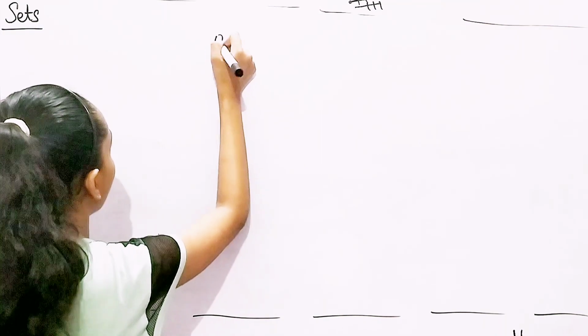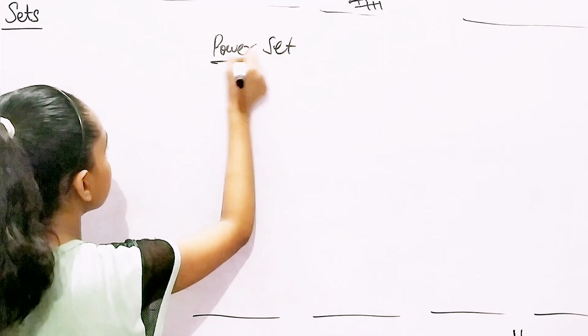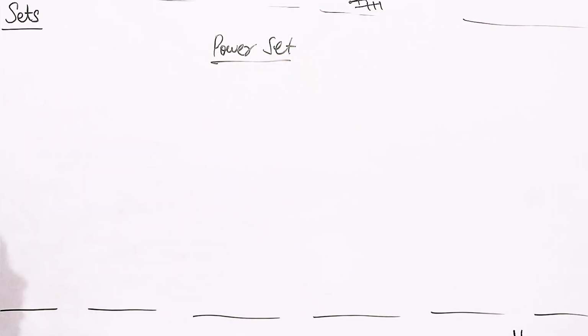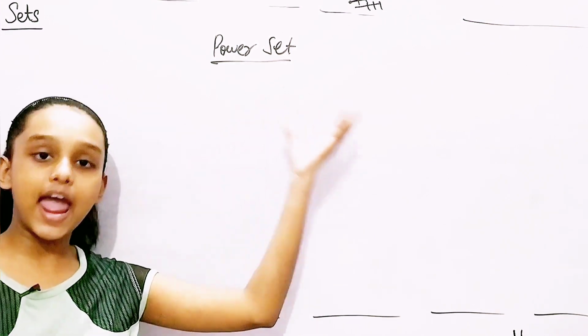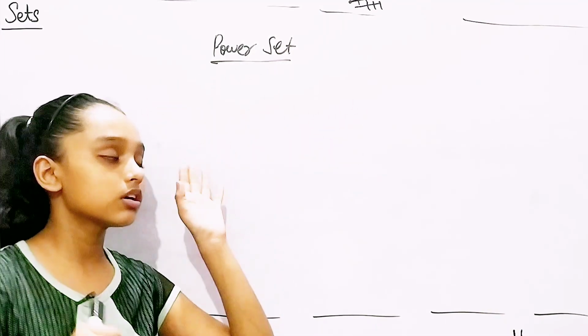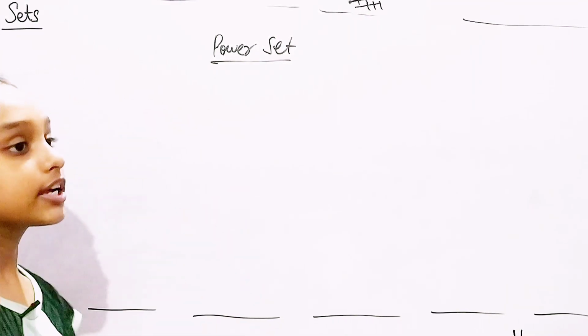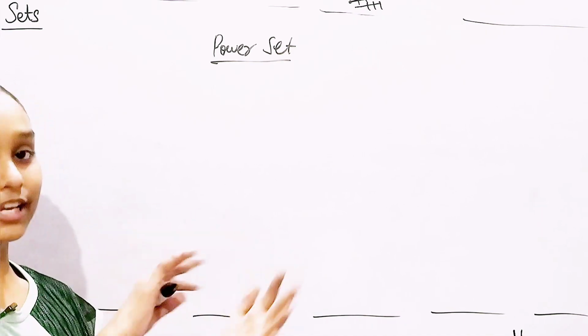Okay, so our next topic is going to be power set, as I've already told you. Let's take a set A. The power set simply means the collection of all subsets of set A. The collection of all the subsets that we'll have possibly in set A is going to be the power set.